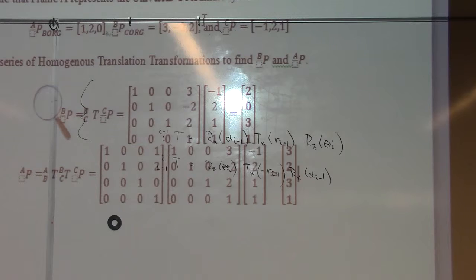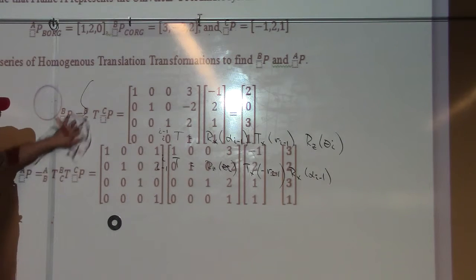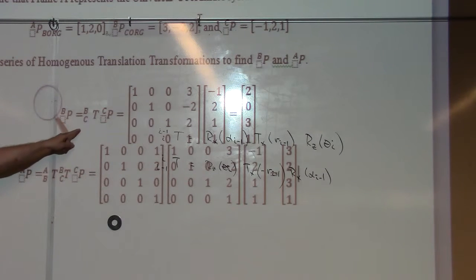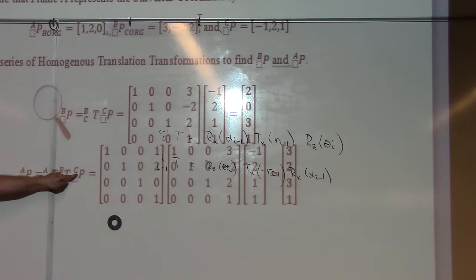As I've mentioned before, this notation can be somewhat cumbersome to use, but once you get a feel for it, it makes a lot of sense, because in this case, we see that the C subscript is canceling the C superscript, leaving us with a position vector expressed in B. Same thing down here, we have the B subscript canceling the B superscript, the C subscript canceling the C superscript, leaving us with a position vector described in A. Okay, and that's very, very useful for us. So, that makes sense?